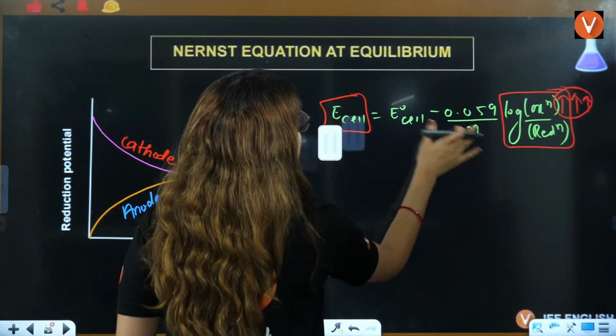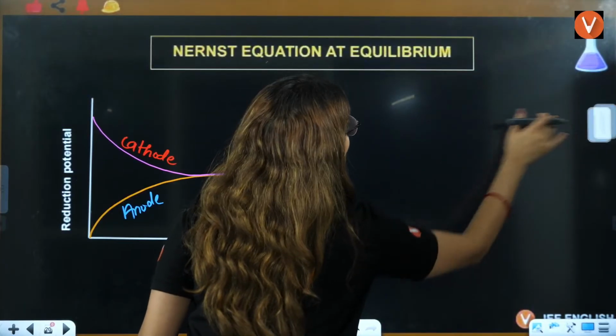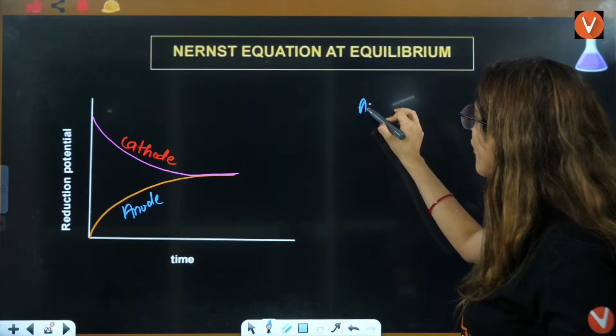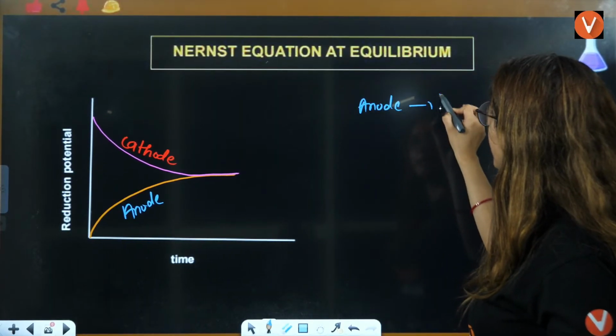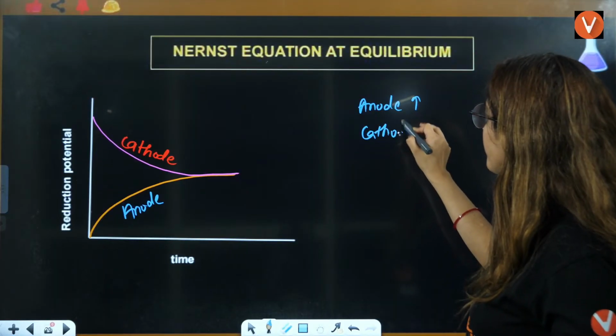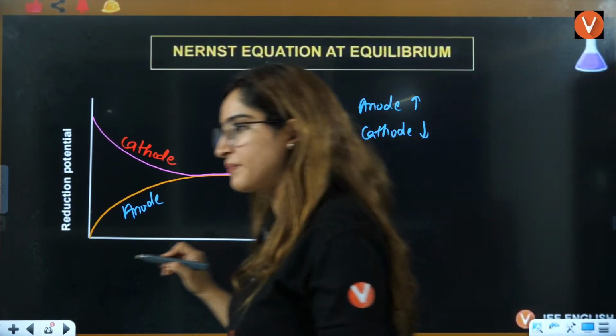So from this equation we can get an idea that always and always, as the reaction is proceeding, for the anode it is increasing and for the cathode it is decreasing.